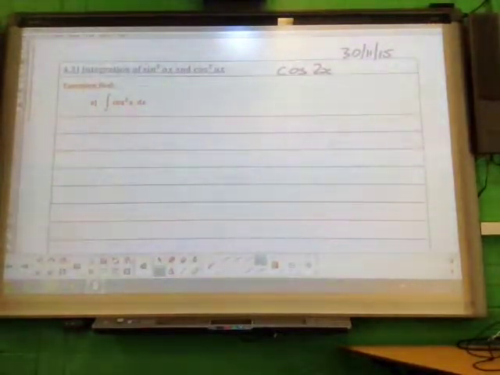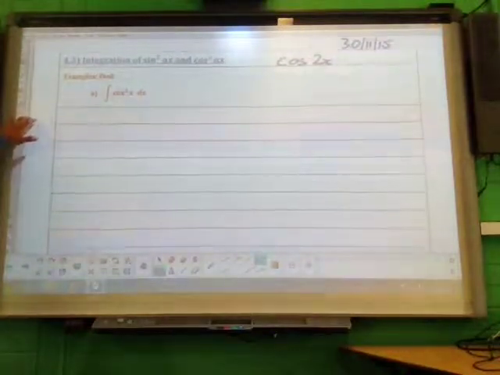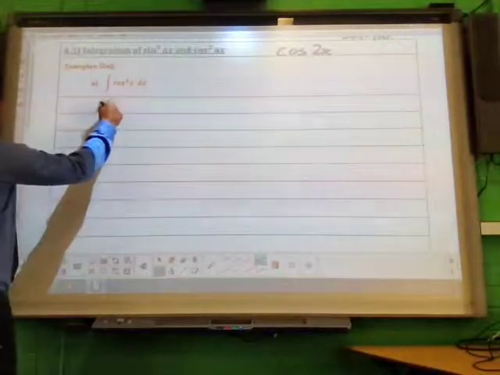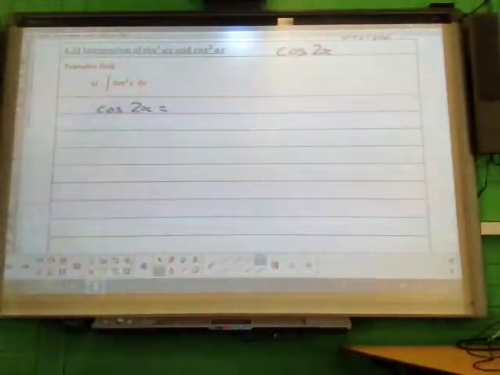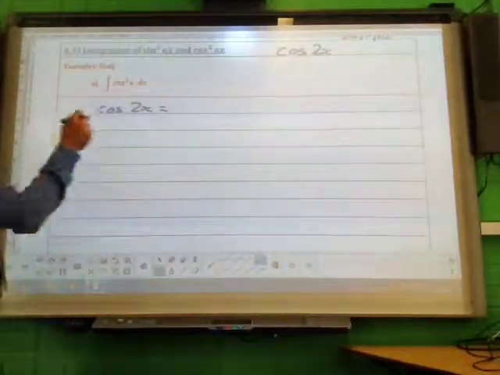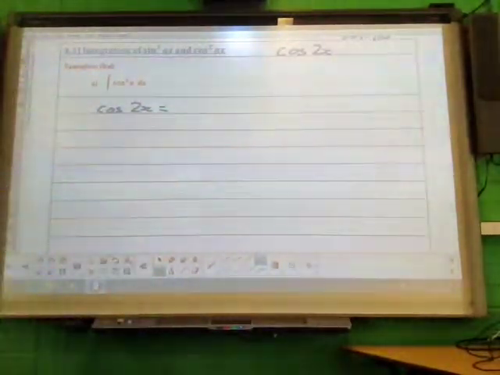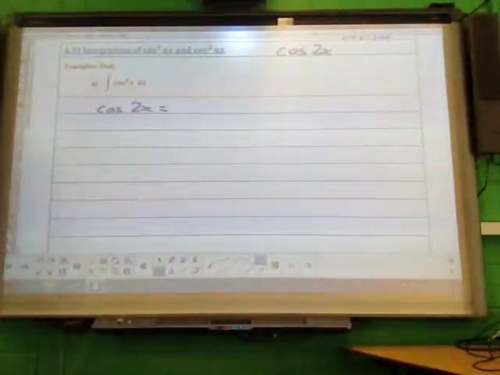integrate that. So the first one, we've got cos squared of x dx. Cos 2x, do you remember your double angle result? Cos x cos y is that sine? Sin x cos y, that's still sine.